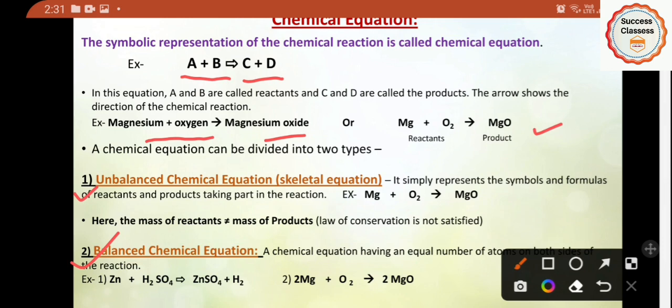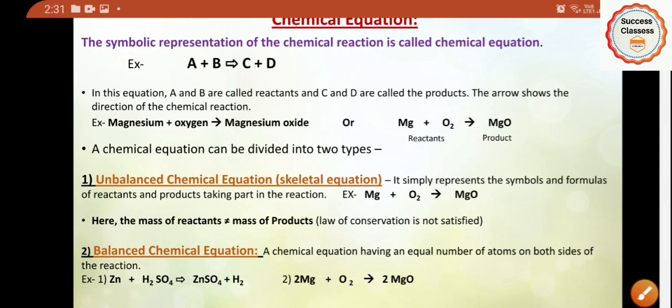For example, Mg plus O2 will give MgO. So it simply represents the symbols and formulas of the reactants and the products taking part in the reaction. Here, the mass of reactants is not equal to the mass of products. That is, it does not satisfy the law of conservation of mass.